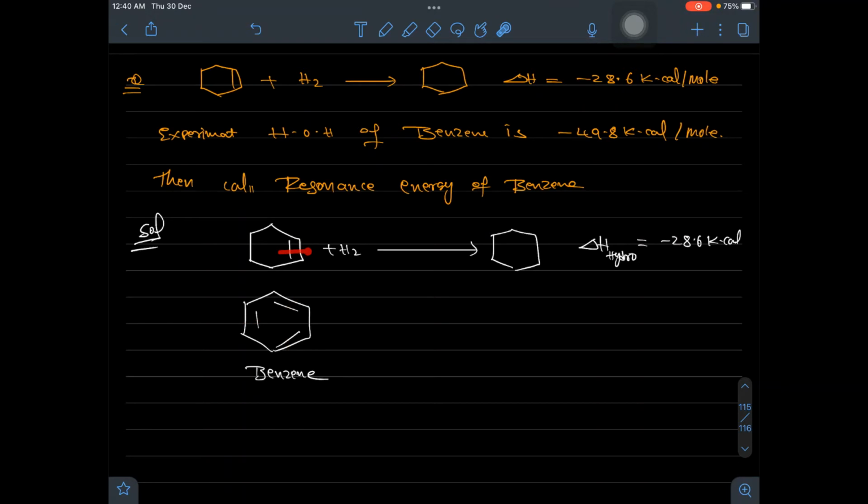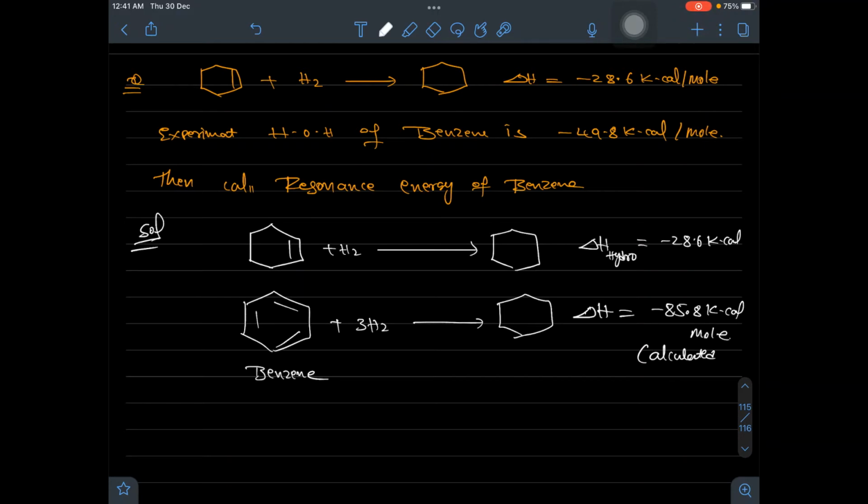For one multiple bond this is the amount of energy released, so for 3 multiple bonds converted into single bonds to give cyclohexane, the heat released will be 3 times this, which is minus 85.8 kilocalories per mole. So this is the expected or calculated value.